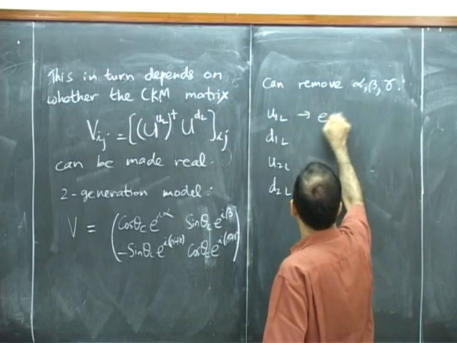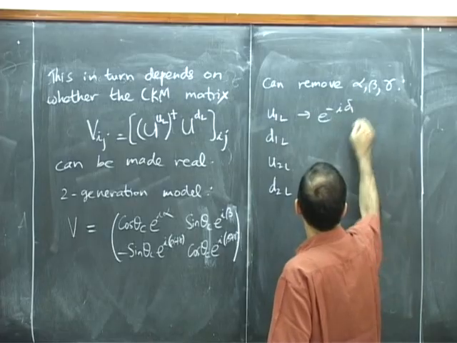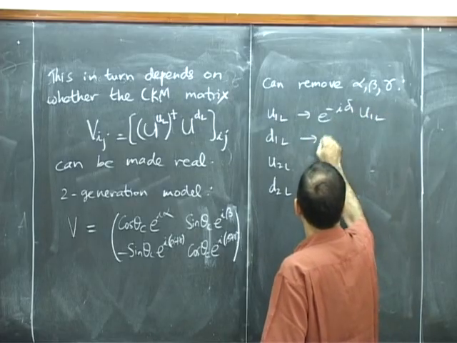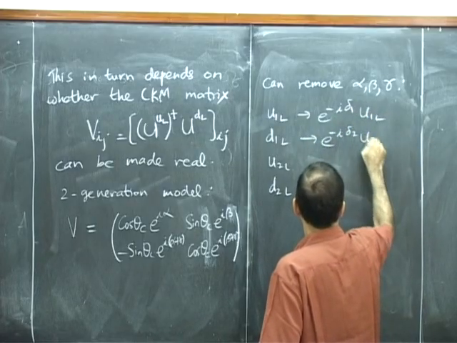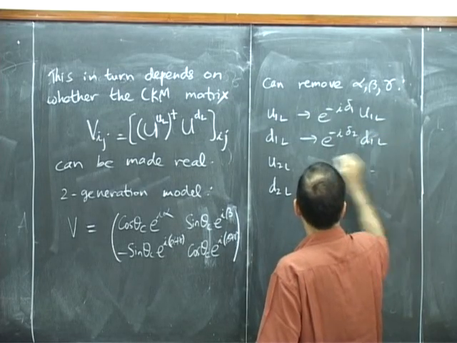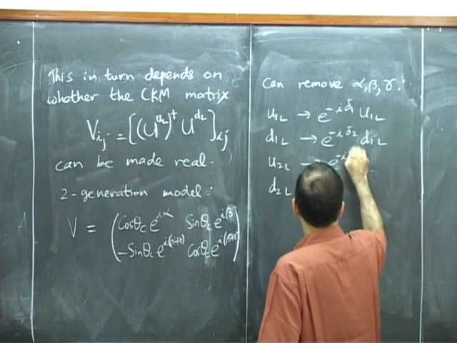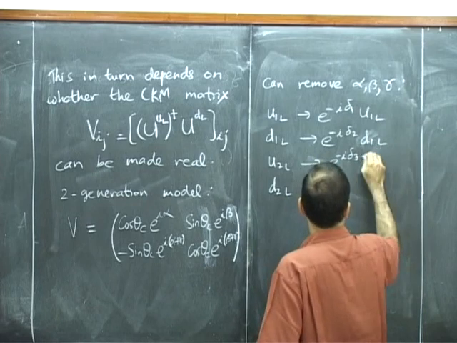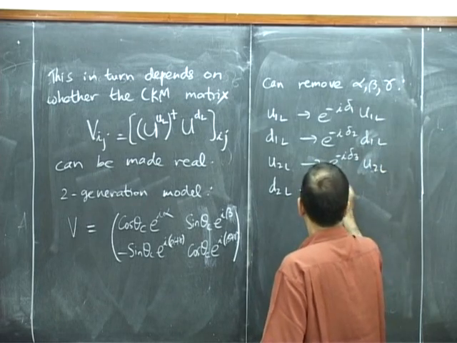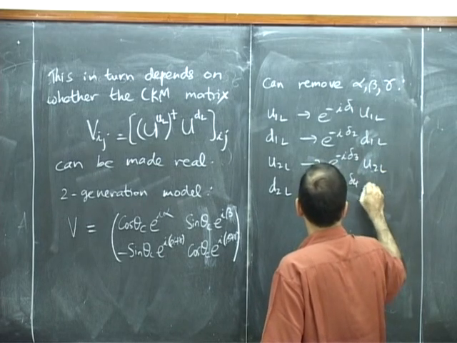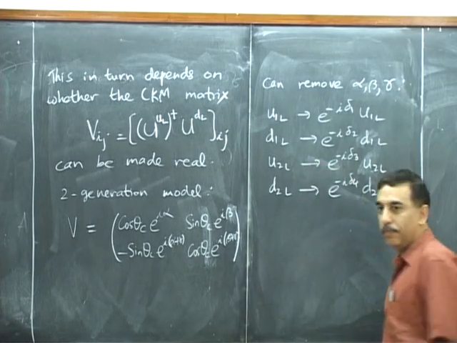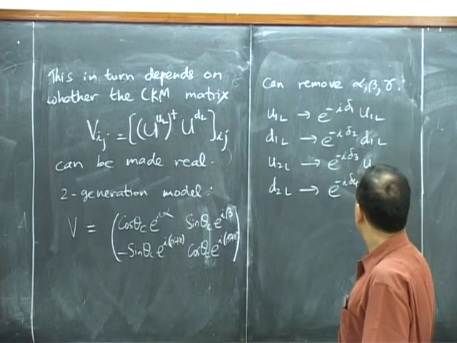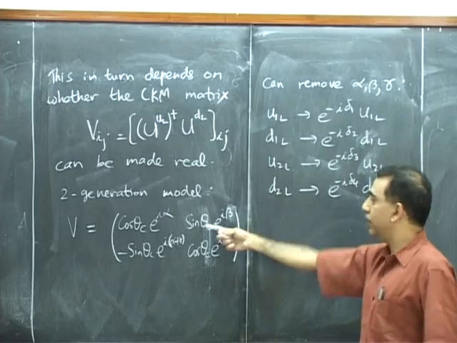And we allow each of them to transform by an independent phase. And the question is, how does this affect the CKM matrix?